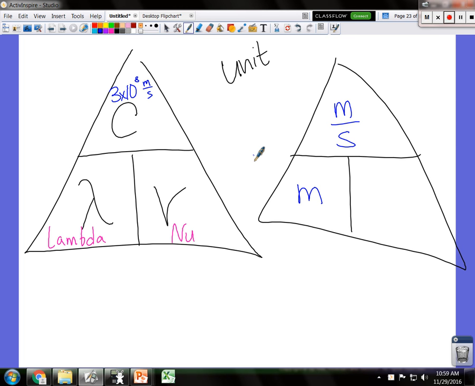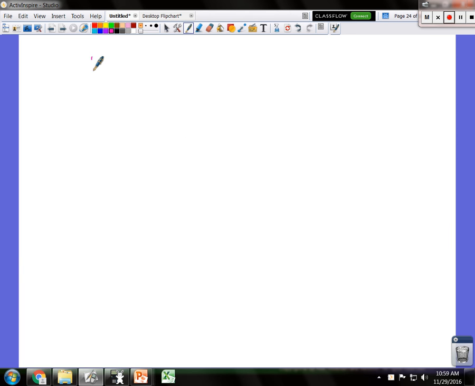So mathematically, what are we going to do to these two things? We're going to divide. So I'm going to come over here on this page, and we're going to do meter per second divided by meter. Now, this is not really a great way to do this, so can I rearrange this in a different way? Yep, so I can say meters per second times 1 over meter.